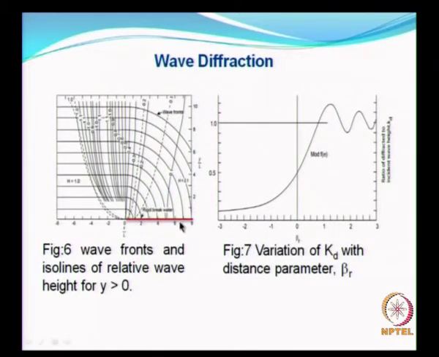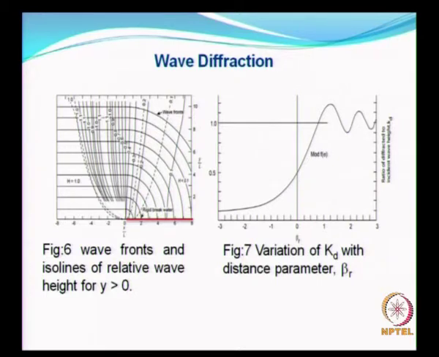You have a rigid breakwater here, and this figure shows the wave fronts and the isolines of the relative wave height. So, these are the wave fronts, and you see that this is your obstruction breakwater, and you see how the diffraction takes place. These are all the isolines of relative wave height, that is nothing but the diffraction coefficient.